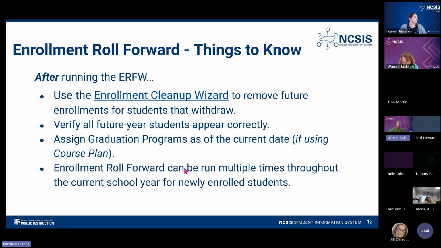And so now, one of the things that we talked about: if there are some enrollments that you've rolled forward specifically as students that have withdrawn or will be withdrawn or are in the process of getting that end date, you can use this enrollment cleanup wizard.